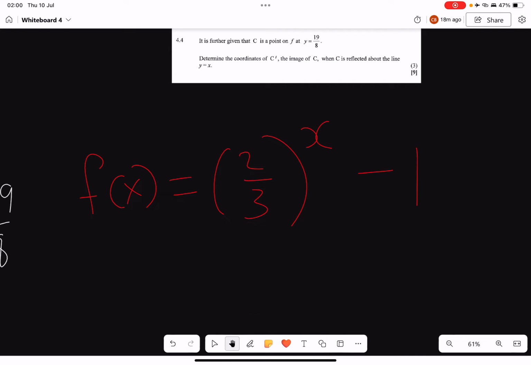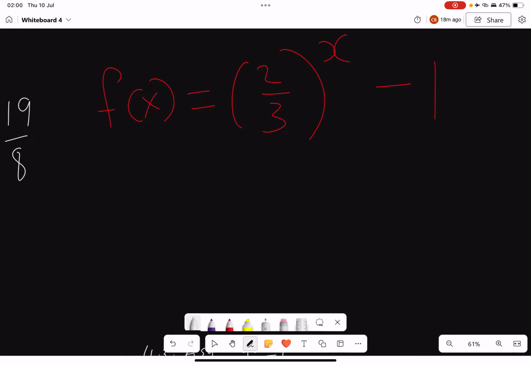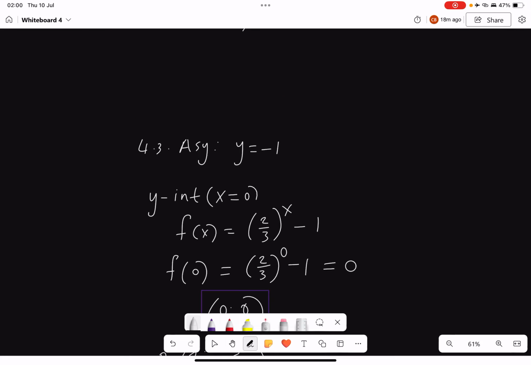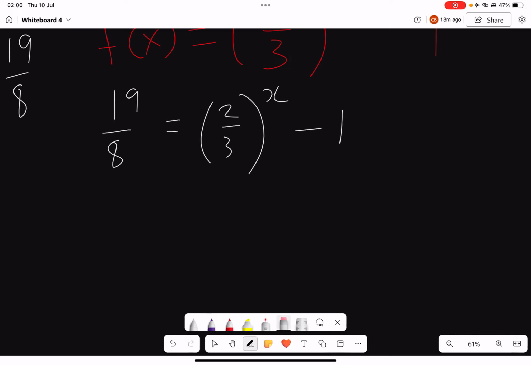So let's get the corresponding x value. So I'm going to substitute: 19/8 is equal to (2/3) to the power x minus 1, right? And then we're going to add 1 there.